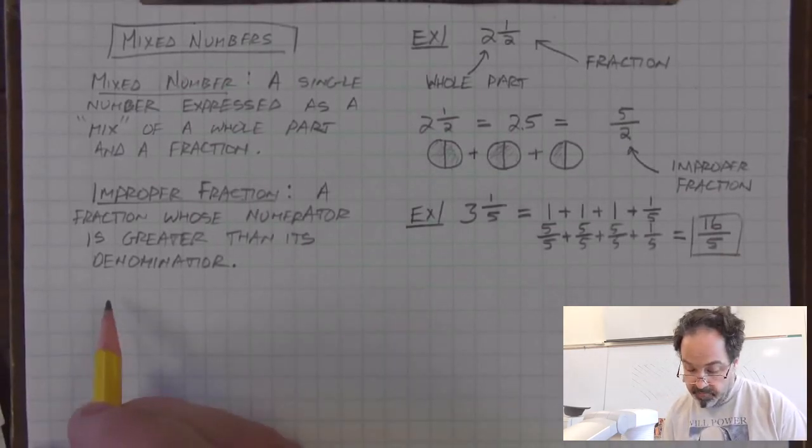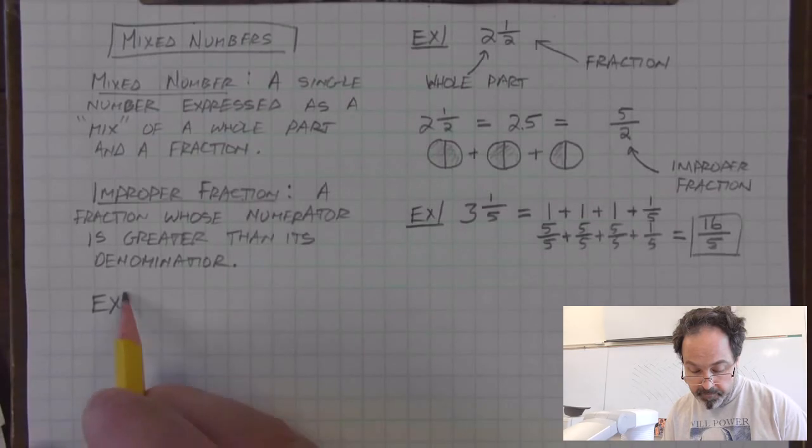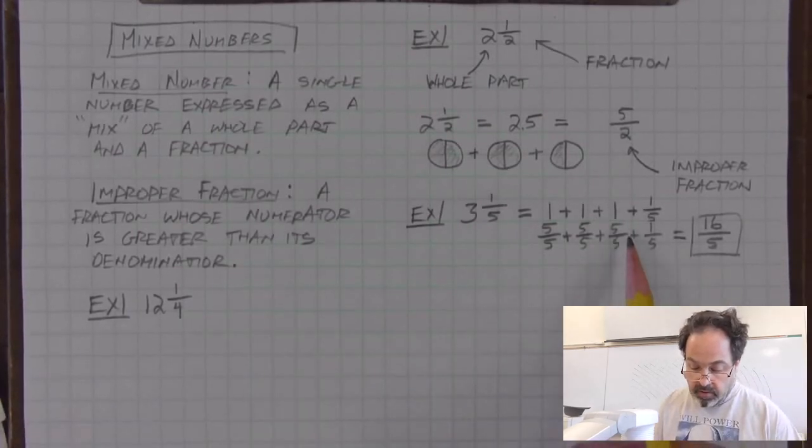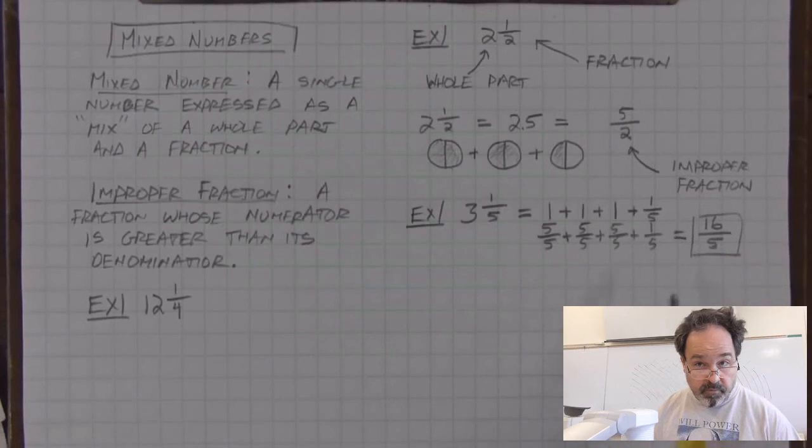There is a quick way to convert a mixed number. It's good to see this process so we understand where it comes from, but there's a faster way to do the math.